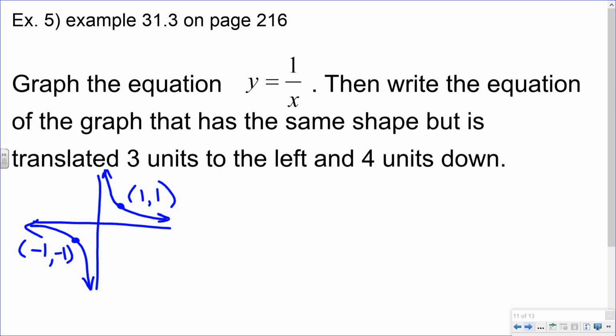Okay, we are going to do the new equation. 3 left means we do what, Ian? Plus or minus inside, outside? Add on the inside. And 4 down means we're going to do what, Hope?